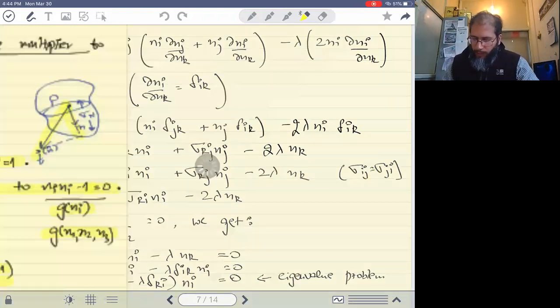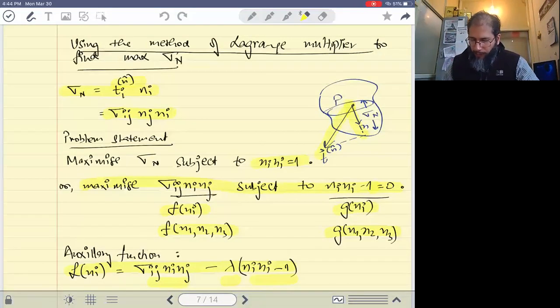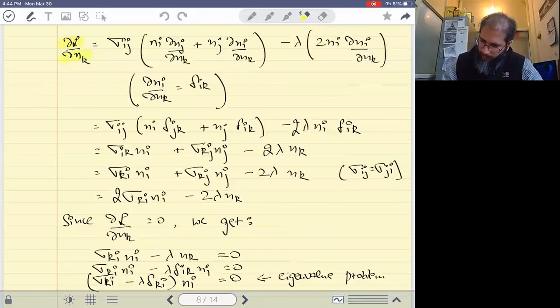Okay, so the auxiliary function is given to us. We simply have to take a derivative of that with respect to n_k. So let me write the function here.